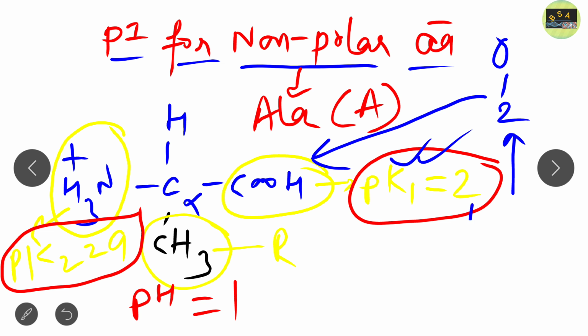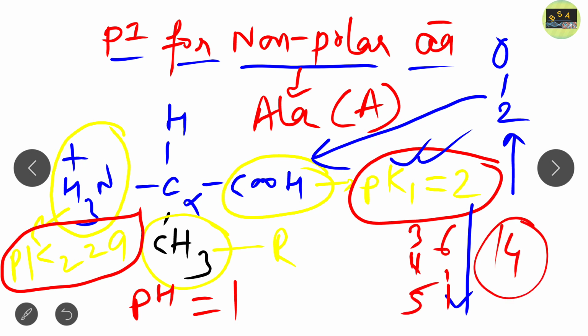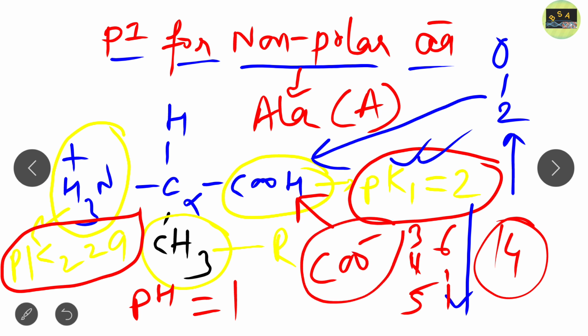If we go above this pK1 value, suppose 3, 4, 5, up to 14, then we have to take this COOH as COO minus. So this is one concept.